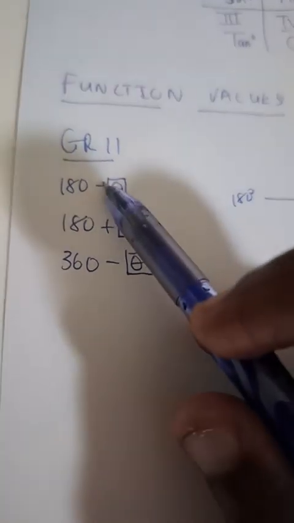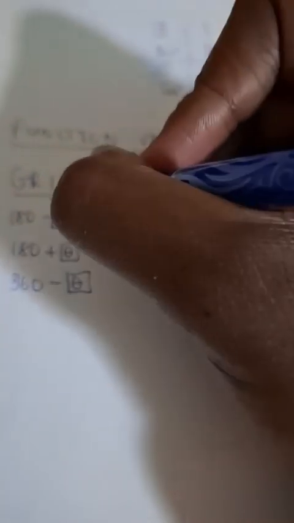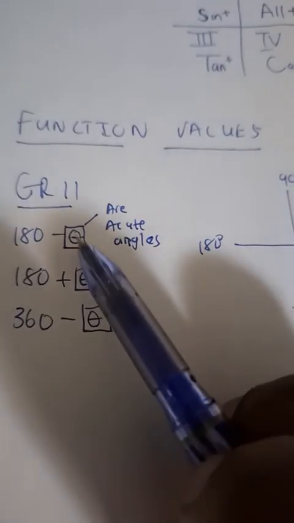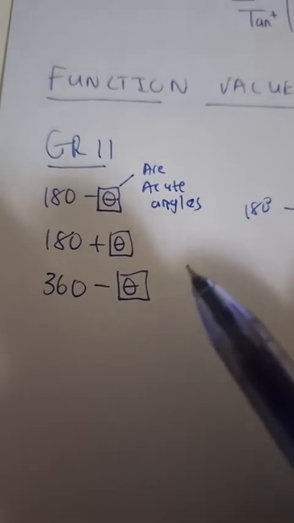We refer to these as function values. And these theta values are acute angles. These are supposed to stand for acute angles.